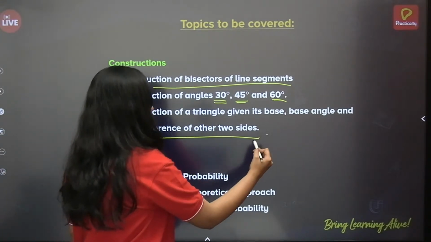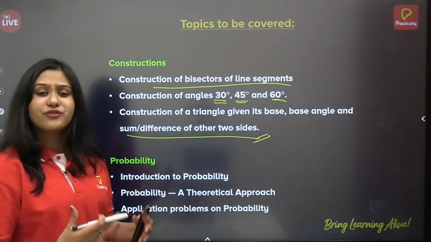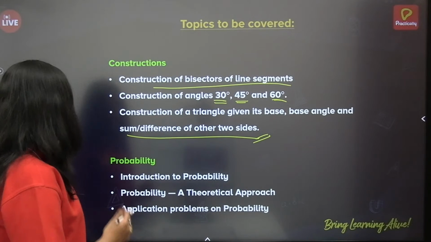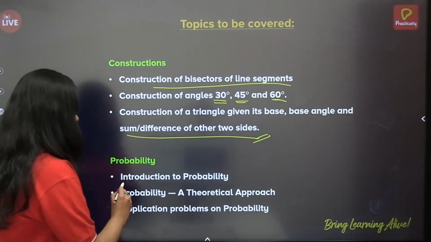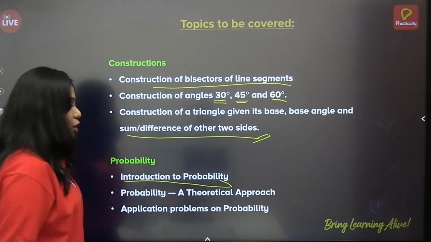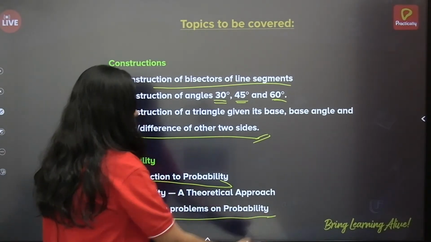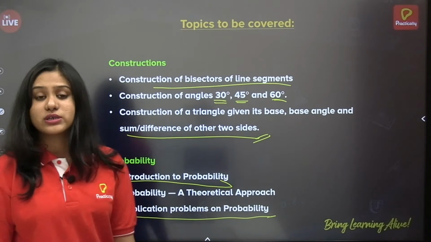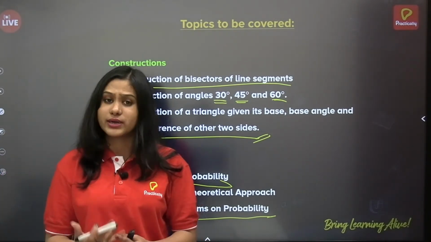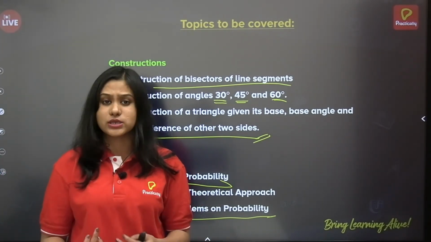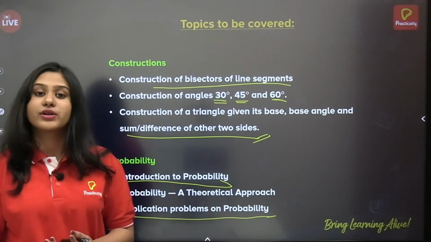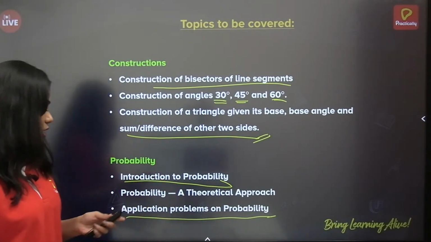These are the different cases we will be going through. And in the chapter of probability, we will see the introduction to probability, a theoretical approach, and also application problems on probability. We will be seeing cases of rolling a dice, tossing a coin, or a deck of cards. I hope it's clear.